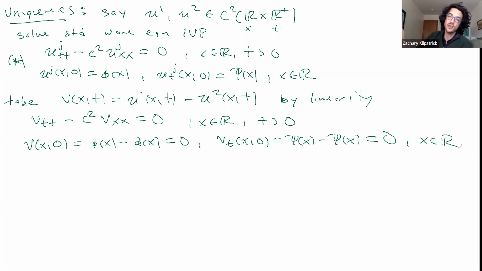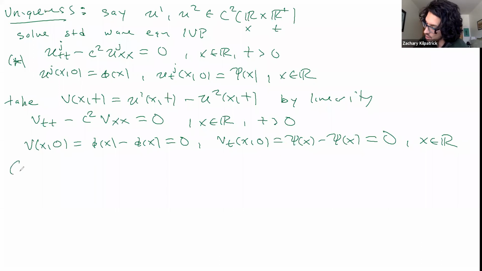So just by taking the difference of these solutions, the initial value problem for the difference has trivial initial conditions. So you would expect that this is probably going to have a trivial solution, but we need to prove it without a doubt.